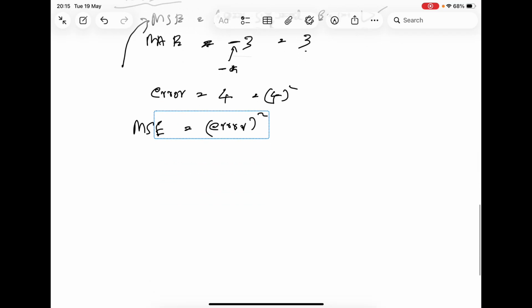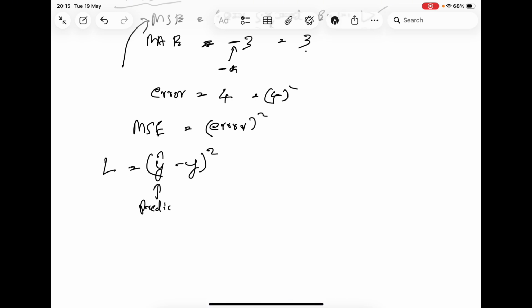So loss function, we can write the loss function like this: (y hat minus y) squared. Here I think you already know these values. Y hat means the prediction, and y is the real value.